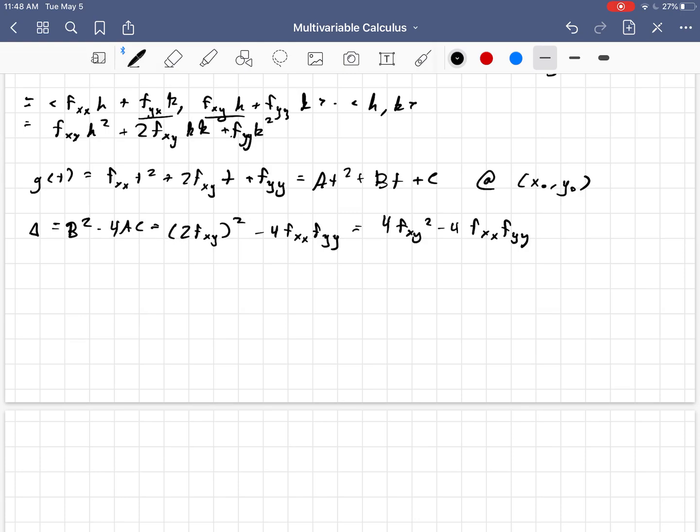And if you remember, this looks very similar to our d operator in the last video, where I defined the d operator of a point x naught comma y naught to be f sub xx f sub yy minus f sub xy squared.